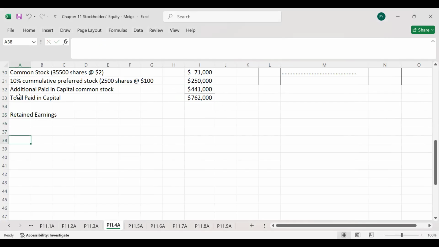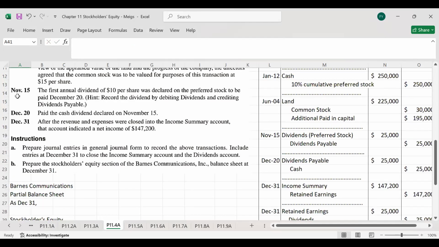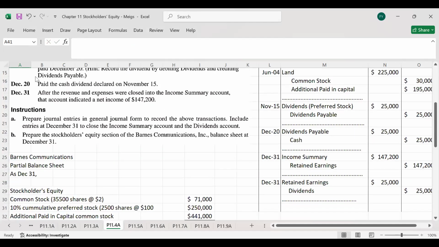So for this, we will have to calculate retained earnings. Calculation of retained earnings. We have retained earnings opening balance at January 1. It is given here, this one. This amount is given, this is basically the net income.